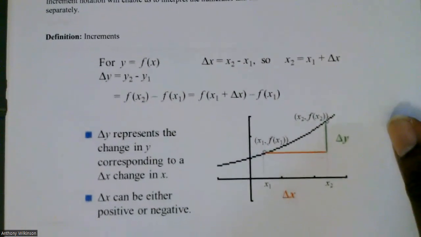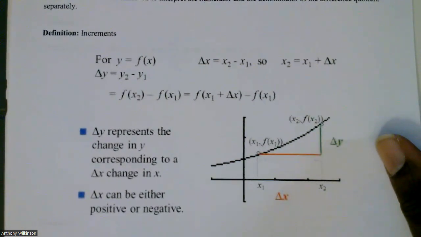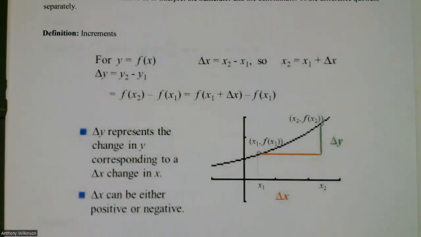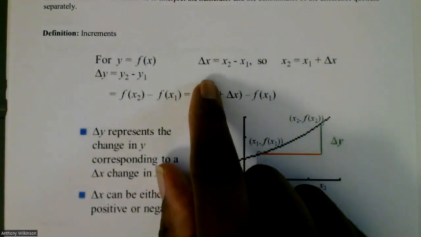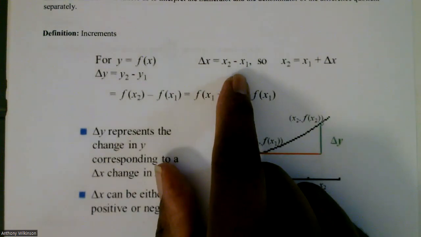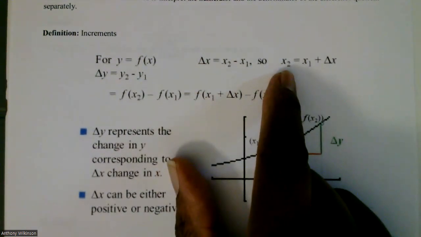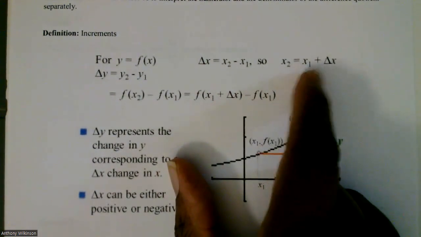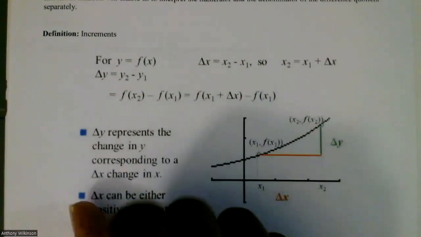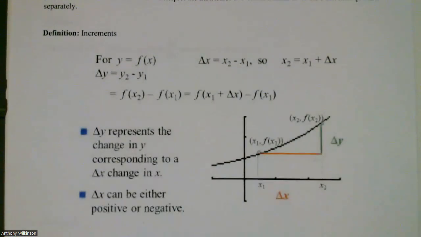So here's the definition of increments visually. For y equal f of x, we've got delta x is equal to x2 minus x1. So that means that x2 will be equal to x1 plus delta x. And then we have delta y is equal to y2 minus y1.